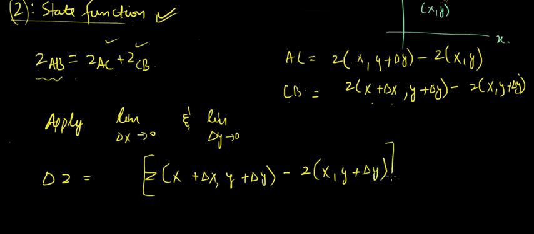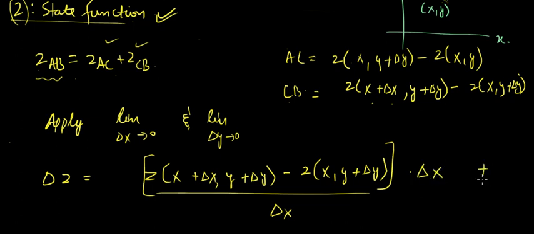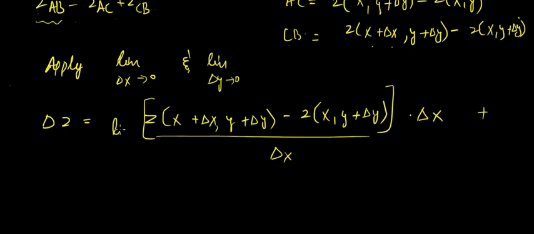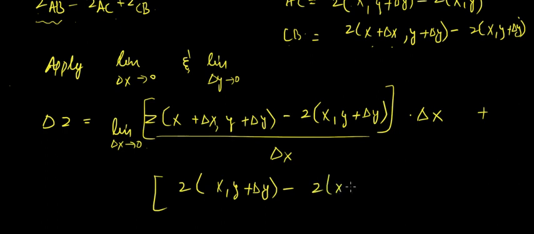So this was the first term. I am multiplying and dividing it with delta x, and applying the limit delta x tending to 0 on this term, and adding the other term which was z of x comma y plus delta y minus z of x comma y, divided by and multiplying it with delta y.